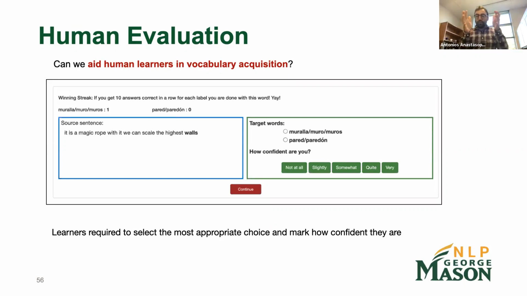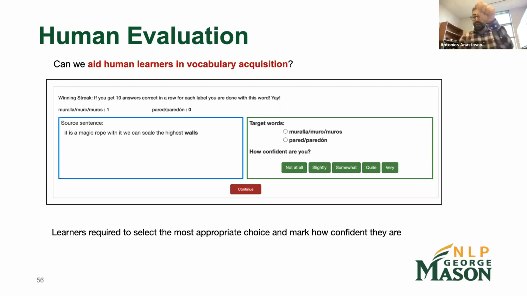We took humans who didn't speak Spanish, okay, and we showed them this interface with some instructions that say, hey, here's this source sentence in English on the left, and there's the word that we care about, walls, it's highlighted. Please choose, how do you think you should translate that word? Should it be muro or muros or muralla, or should it be pared or paredon? Okay, and they also select how confident they are in their predictions.